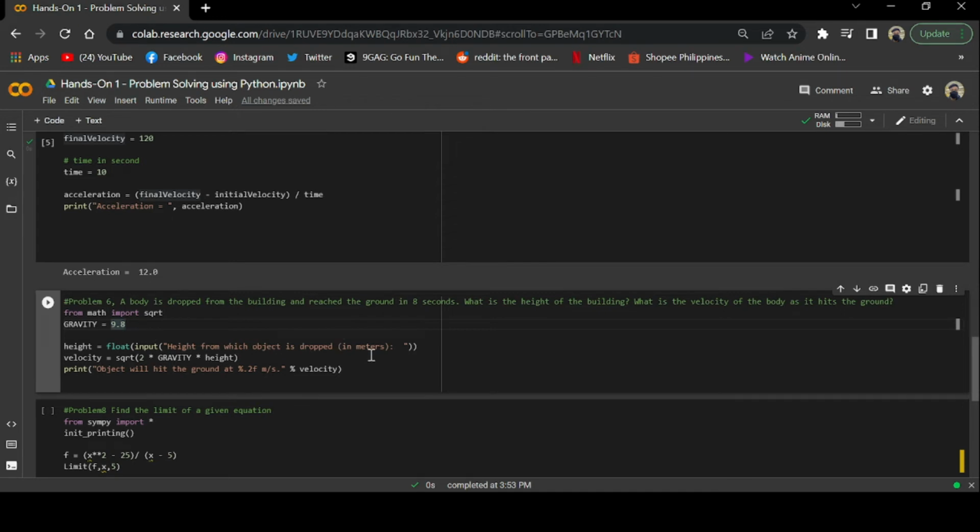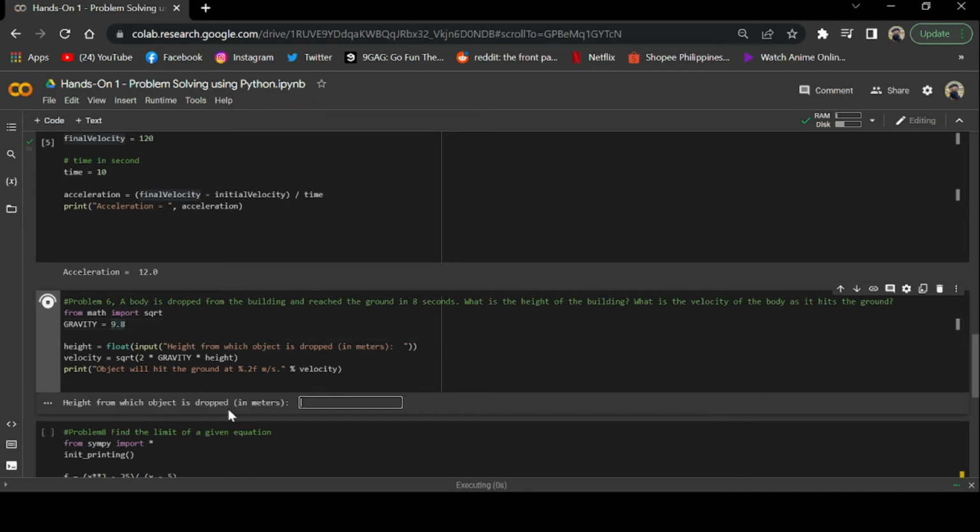Let me see from my piece of paper here. So our height is 1/2 times 9.8 meters per second squared times the time, which is 8 squared. So our height is 313.6 meters.